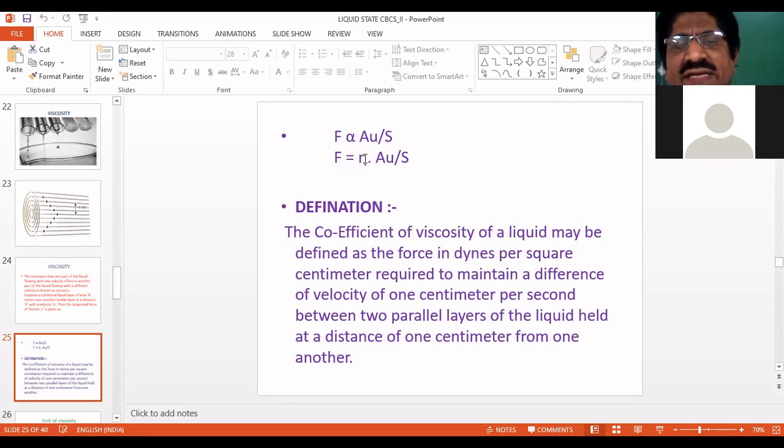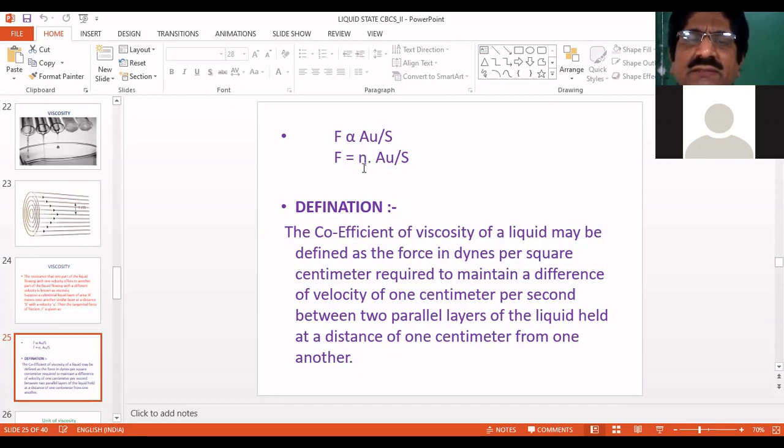This is the sign eta. F is equal to eta into A u by s. And this eta we call the coefficient of viscosity.